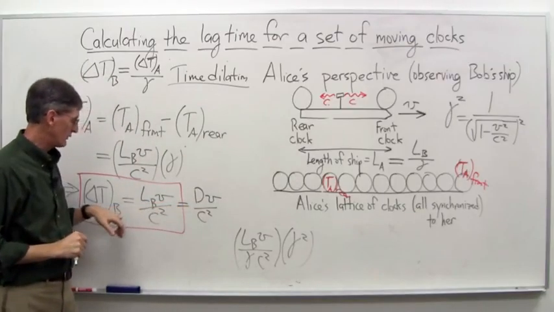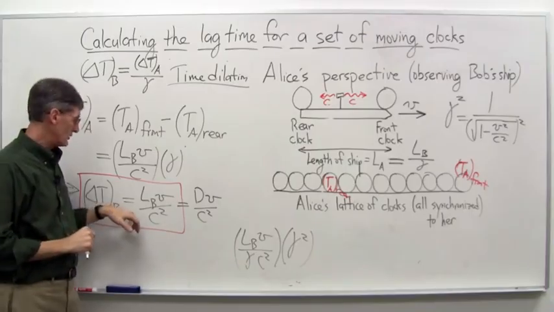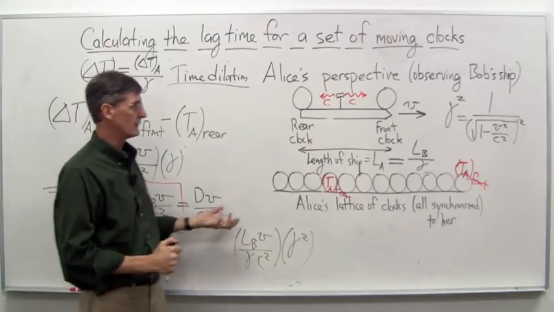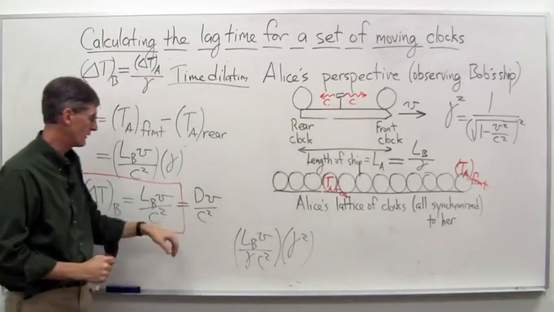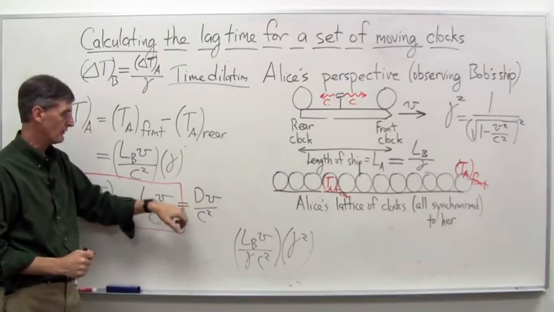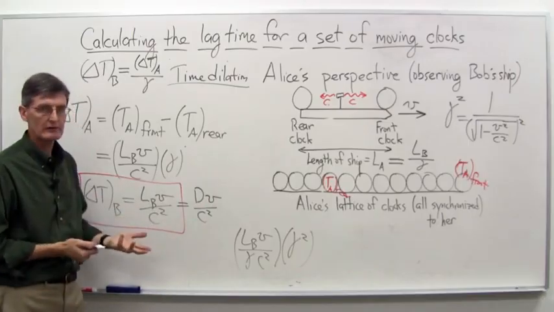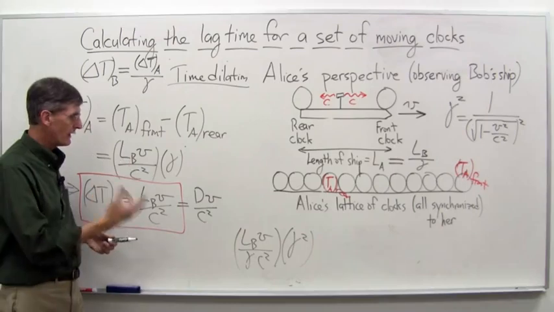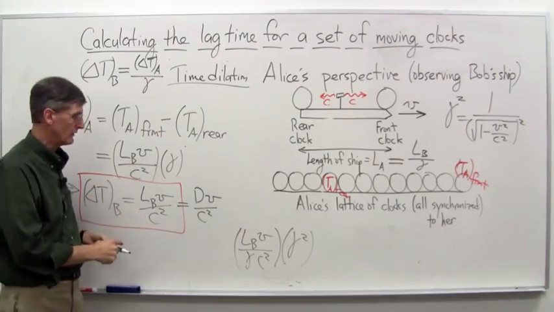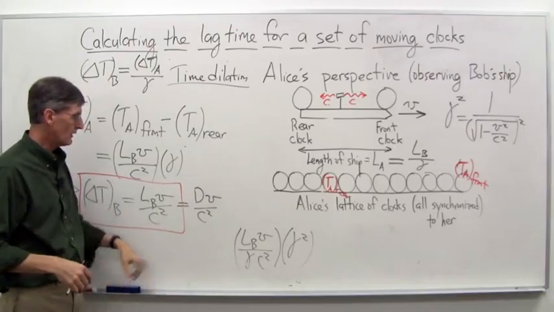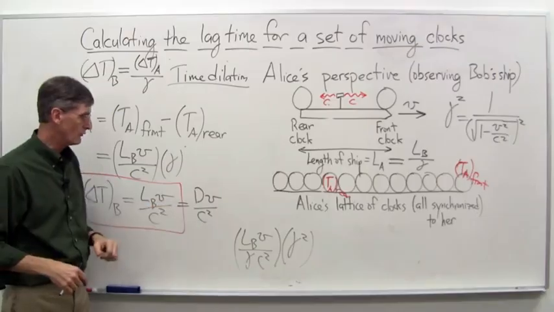I will be able, therefore, to figure out how much Bob's clocks are not synchronized from my perspective, the front clock lagging the rear clock by this amount, this dv over c squared amount. So two things to remember. One is the front clock lags. We knew that before. Now we know exactly how much it lags by: if Bob tells us the distance between the two clocks in his frame, it's going to be dv over c squared.